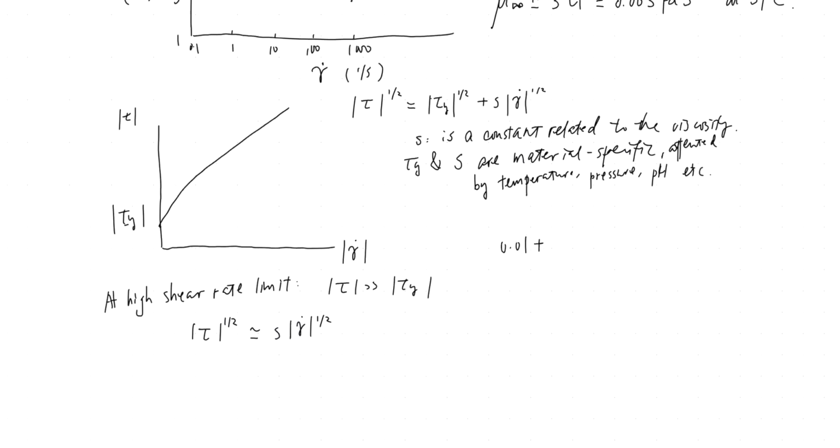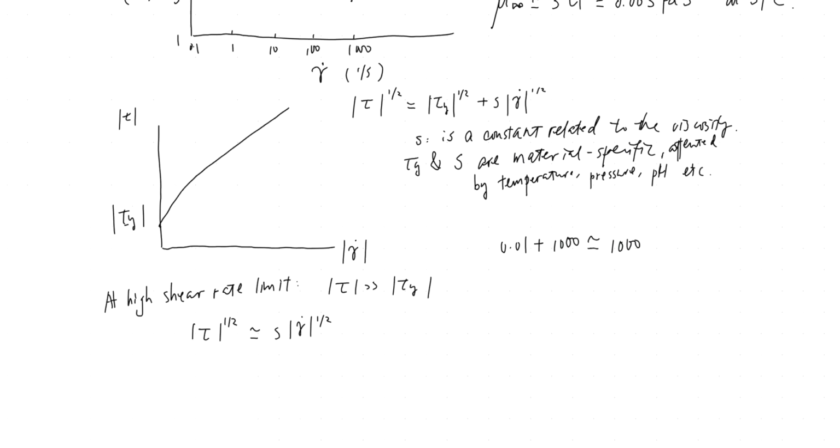You will approximately get 1,000. So you can neglect the small terms. For this reason, at a high shear rate limit, the square root of the shear stress is approximately equal to S multiplied by the square root of the shear rate.